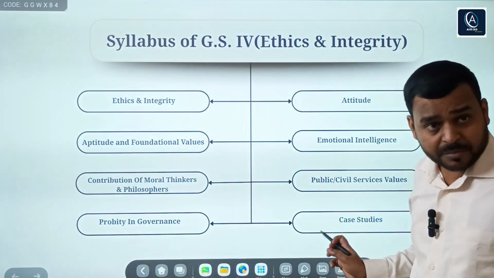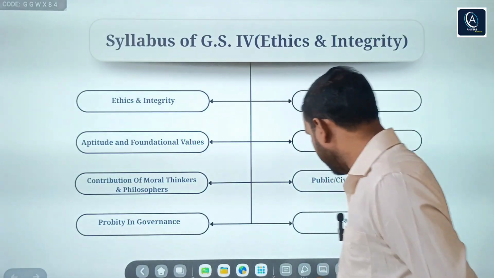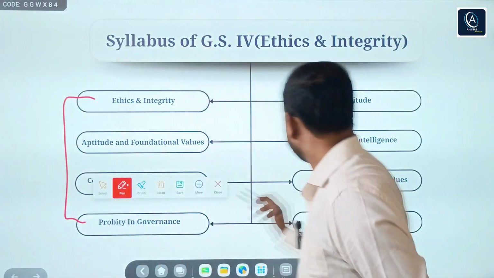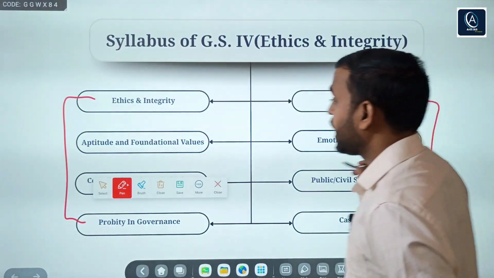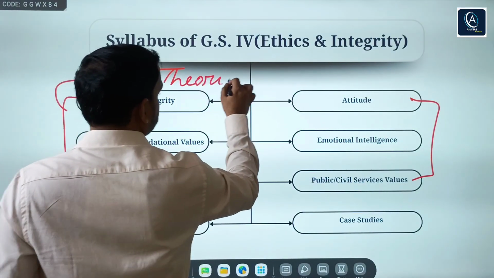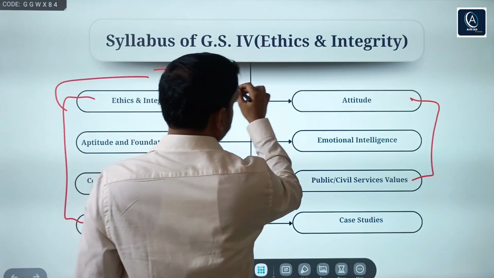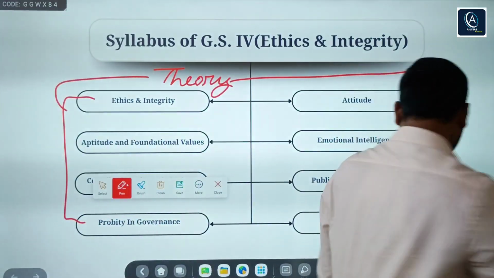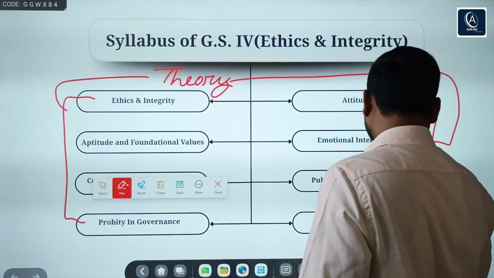As I said, 8 topics are mentioned. Out of these 8 topics, these 4 topics and these 3 topics are based on theory. These 7 topics are based on theory, and this is the application part.